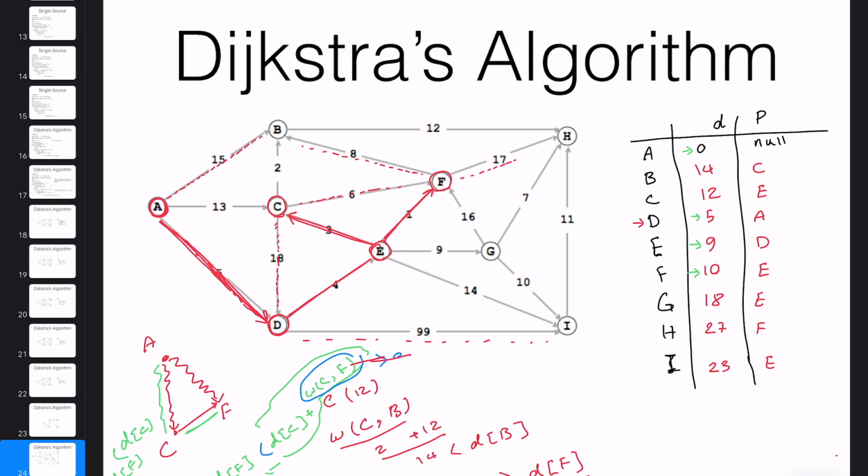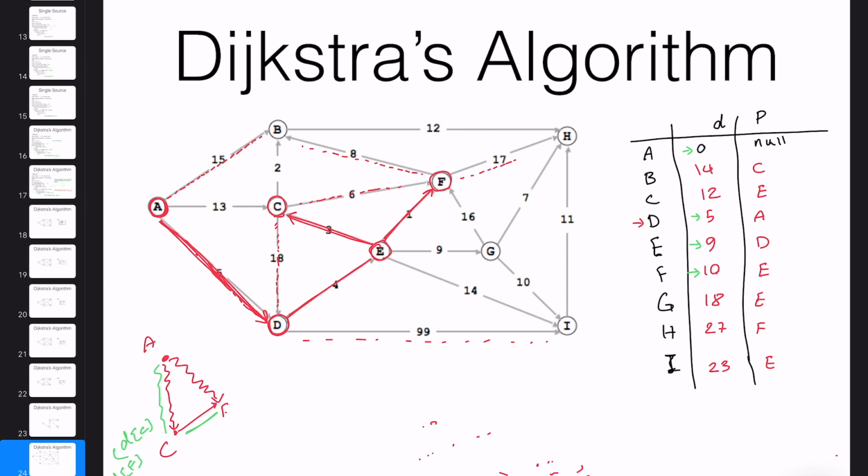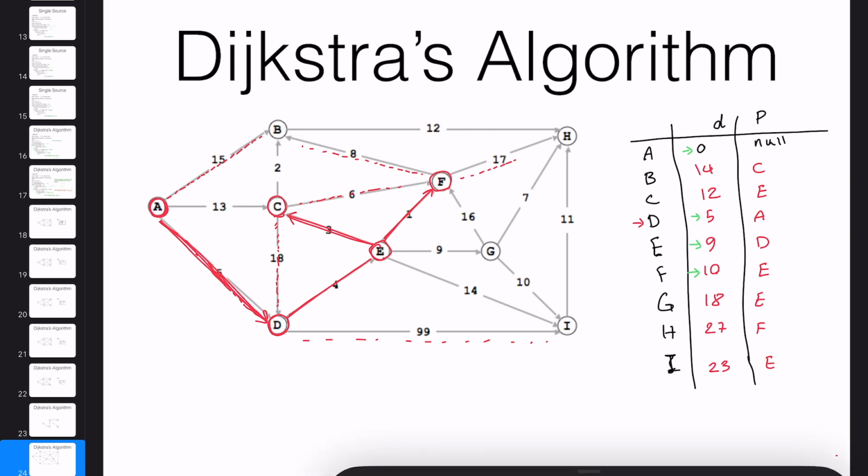So let me just erase all this here. Okay, let's get back to the algorithm. The node C has been removed from the priority queue as well.